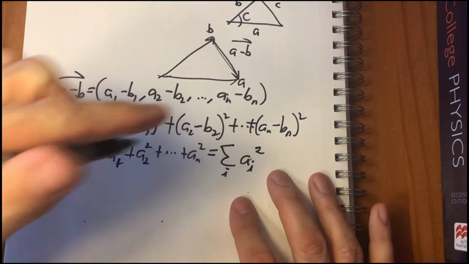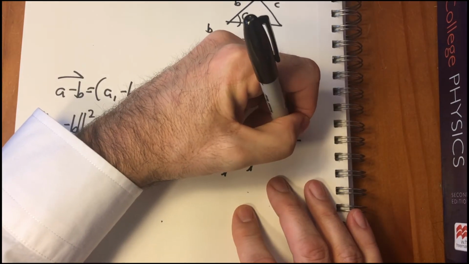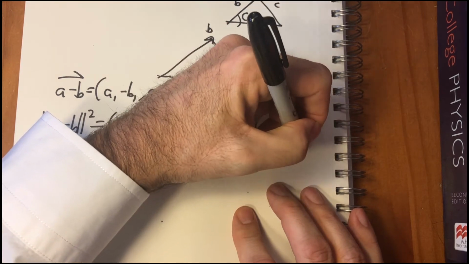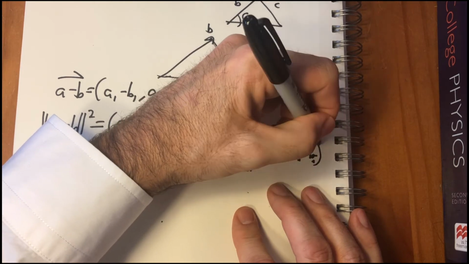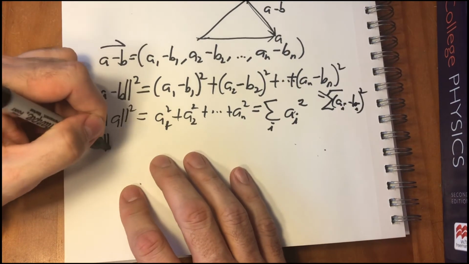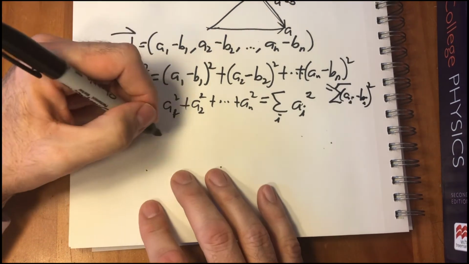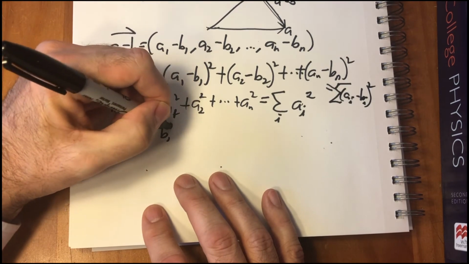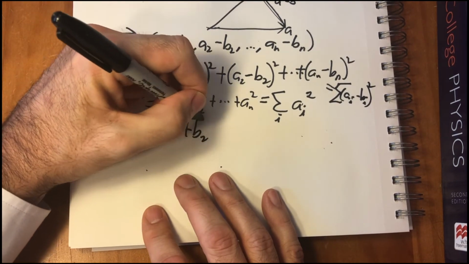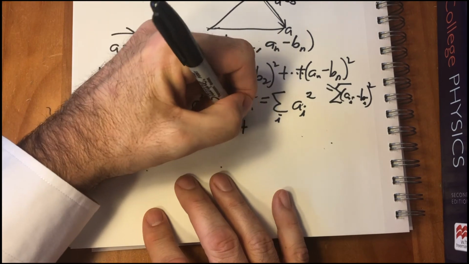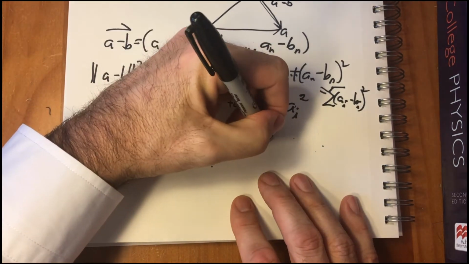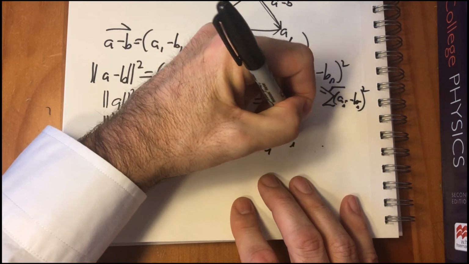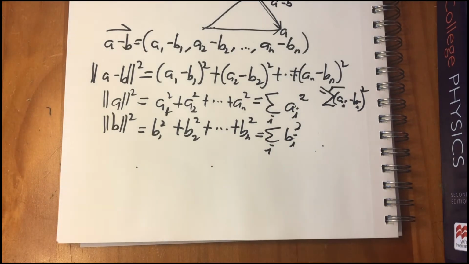And I should have written, we can write this one as the sum of AI minus BI squared. And then B, of course, is the same thing: the sum of BI squared.